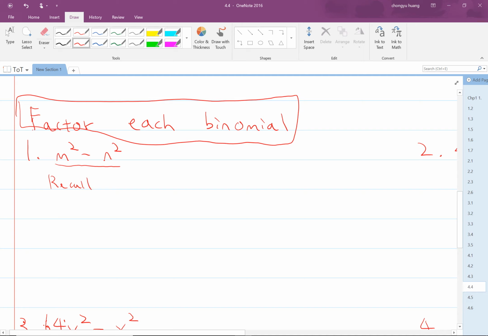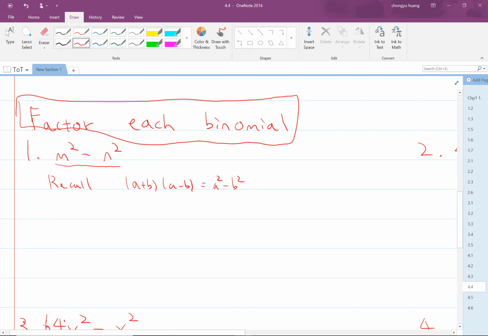One of the properties says a plus b times a minus b is equal to a squared minus b squared, right? Looking at question 1, it seems like we can use this property.